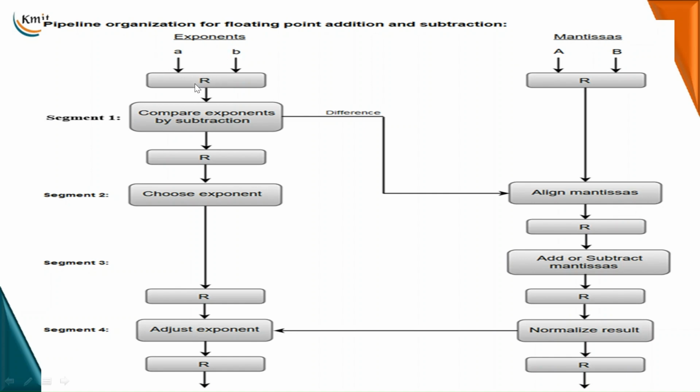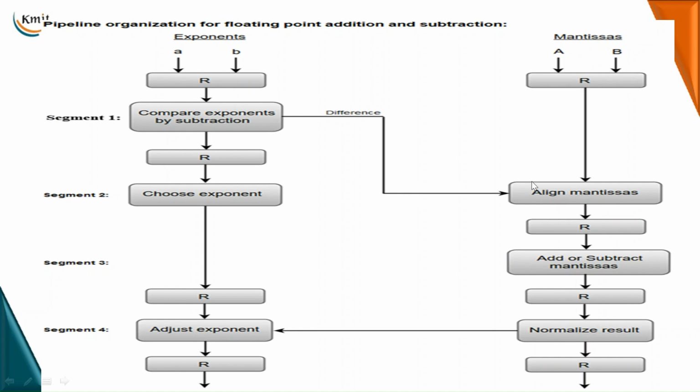They are stored in a temporary register R, and from there it is given as an input to segment 1. In segment 1, we compare the exponents by performing a subtraction, and the difference is given as an input to the next segment, where based on the exponent, you align the mantissa part of your mantissas, and the result is stored into the temporary register. So that is the second segment.